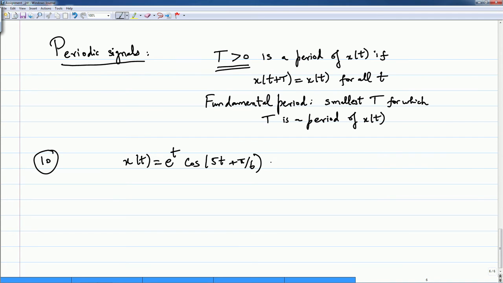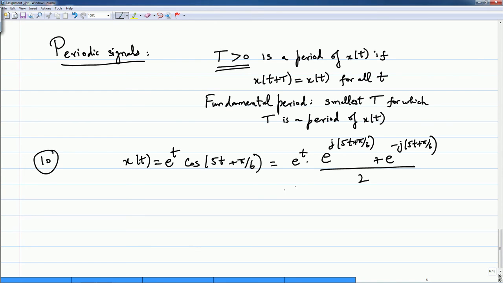Now one can write this as e power t times e power j (5t plus pi by 6) plus e power minus j (5t plus pi by 6), divided by 2. So, write cosine in terms of e power j theta plus e power minus j theta, divided by 2.